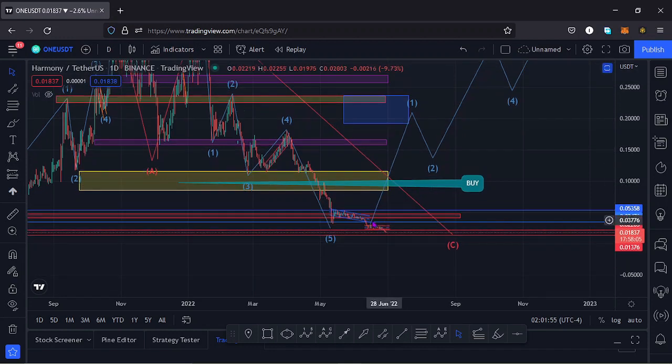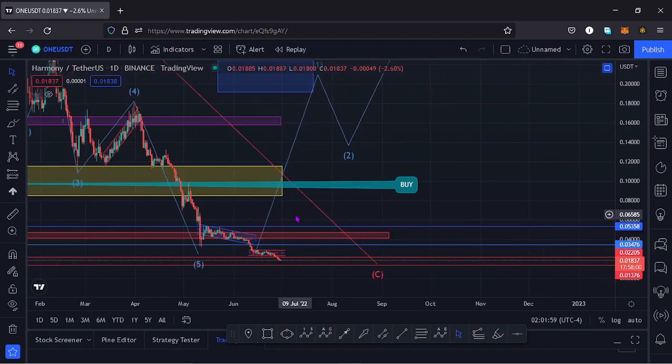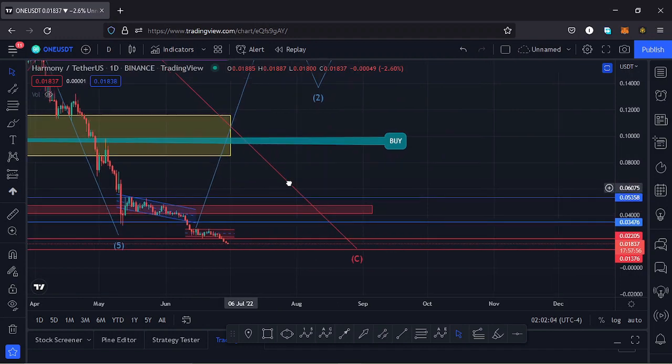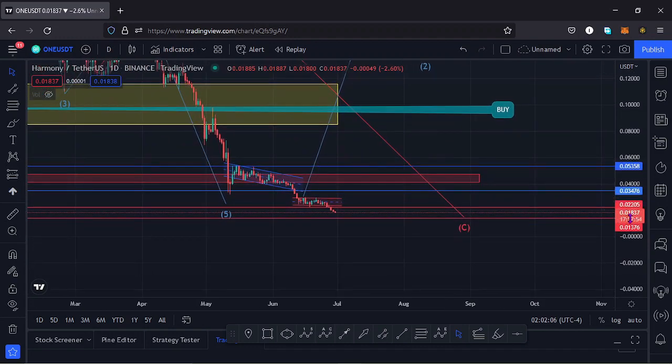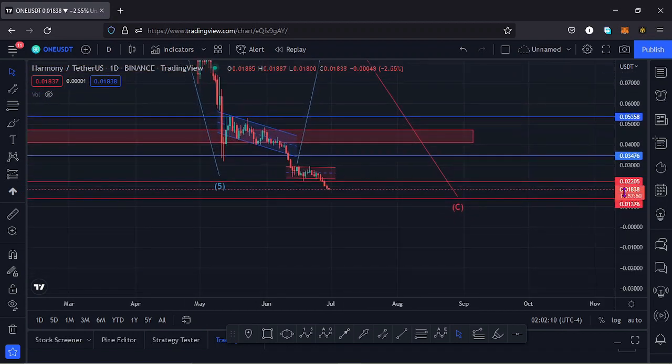And I believe soon we might see a reversal to the upper side, and before that happens there are some of the key scenarios that can play out either to the upper side or to the downside, and I want us to have a look at them.